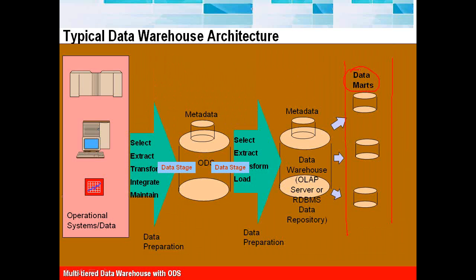So we pull data from disparate sources, prepare an ODS system, then we prepare an enterprise data warehouse. For me as a Hyperion consultant, the input starts from the enterprise data warehouse, populating my data marts. As I said, data marts are designed for one subject area.